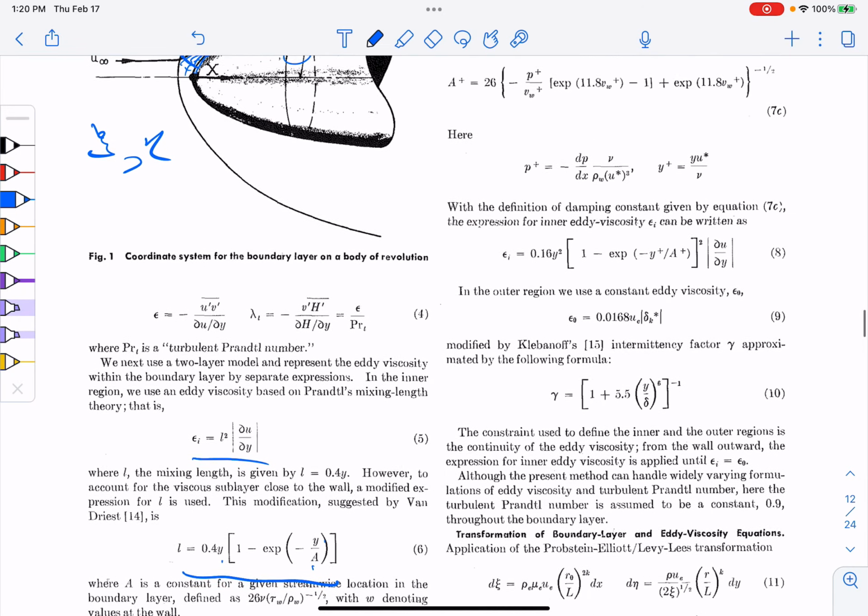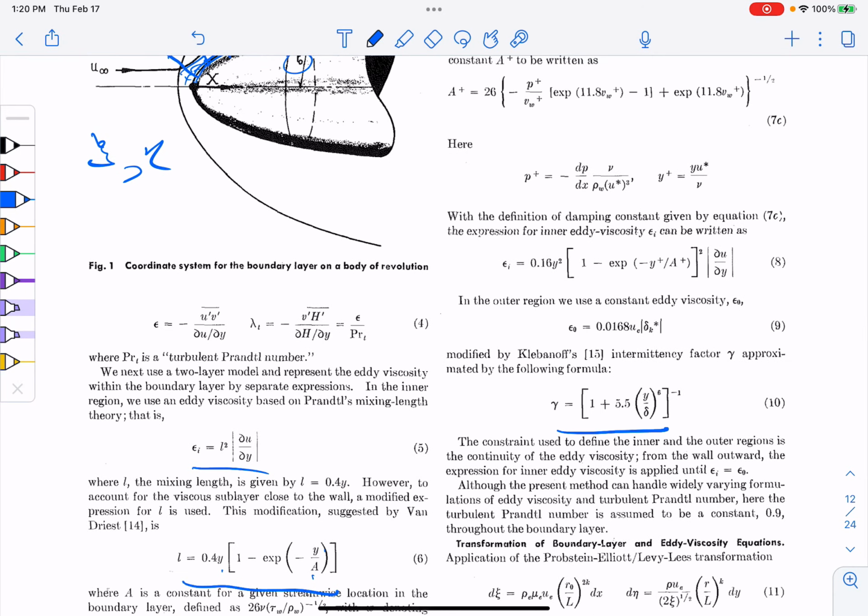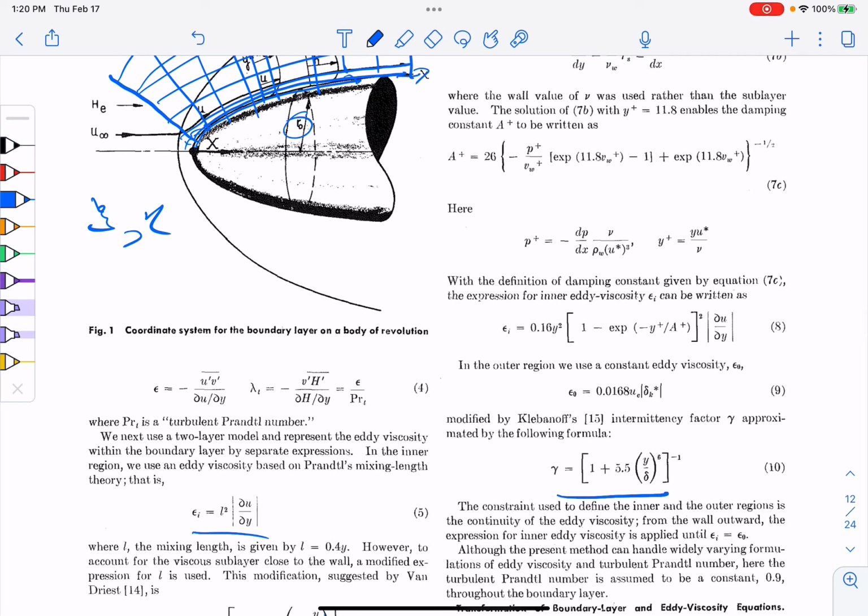And if you go up, he has the intermittency equation, just like his past paper. And then here is the other important outer model. He has a non-dimensional pressure gradient and the inner coordinate distance from the wall. This is the inner viscosity. You can see here's where A plus goes in.